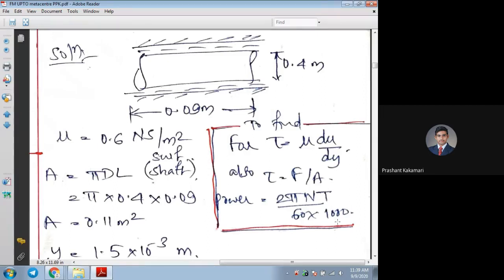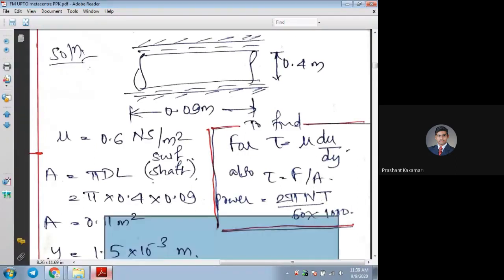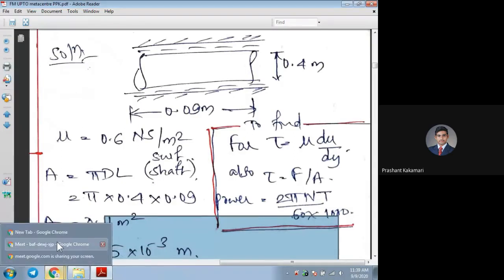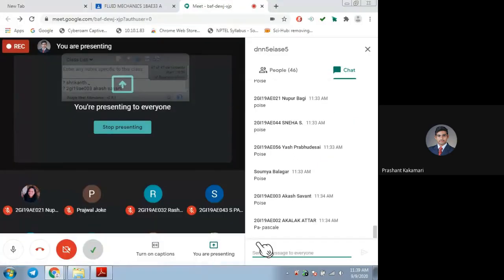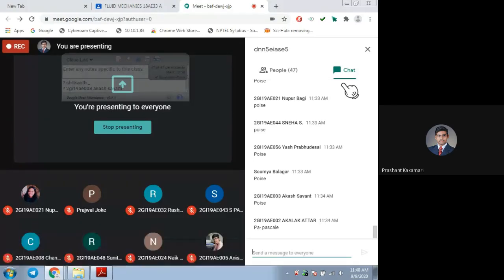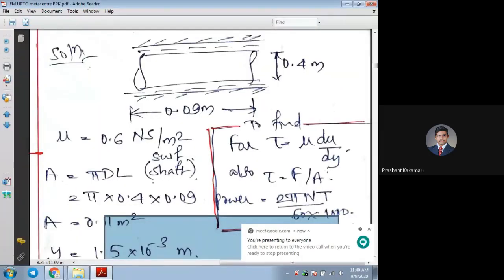And why are we dividing by 1000 here? It is not to convert any values here, but we are dividing by 1000. Any answer? If I divide by 1000, what will be the issue? Okay.